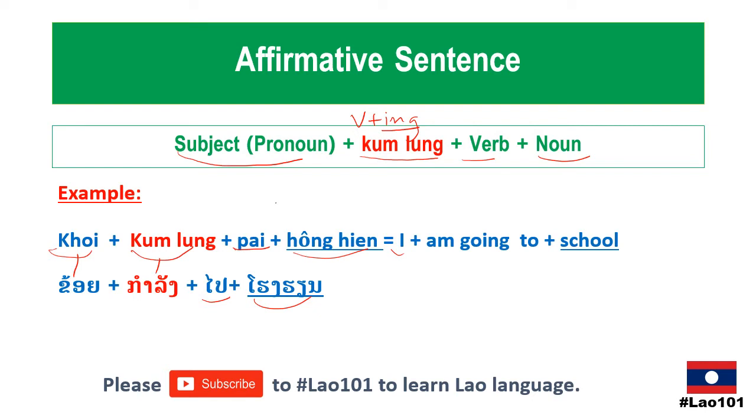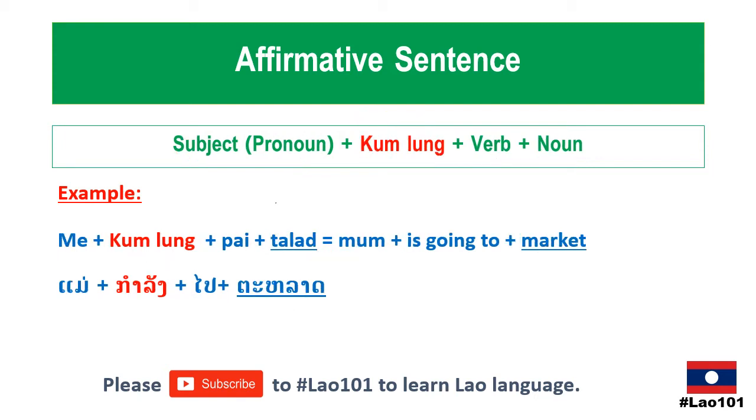So let's look at the next example. แม่ mom กำลังไปตลาด, mom is going to market. ตลาด, so the underlined word here you can change it with any other noun. For example แม่กำลังไปห้องสมุด, แม่กำลังไปร้านตัดผม, barbershop.